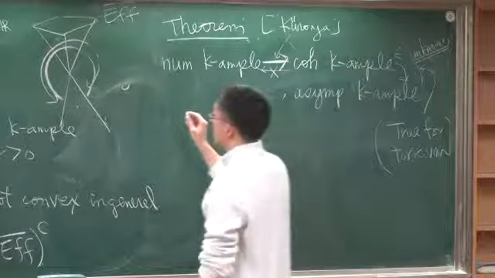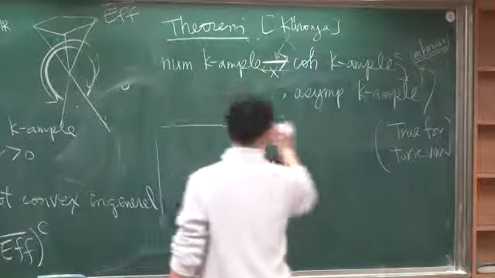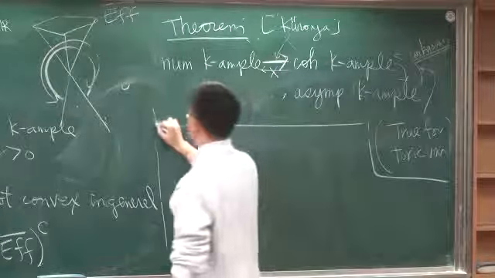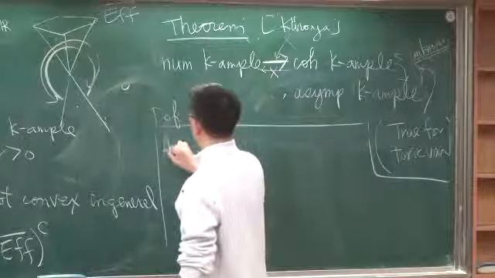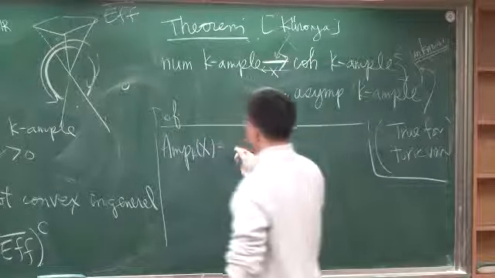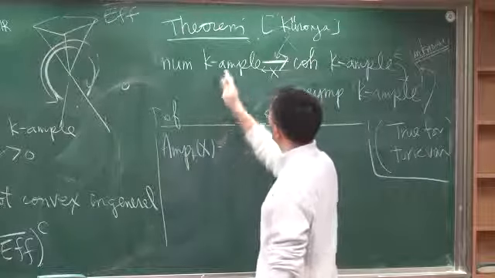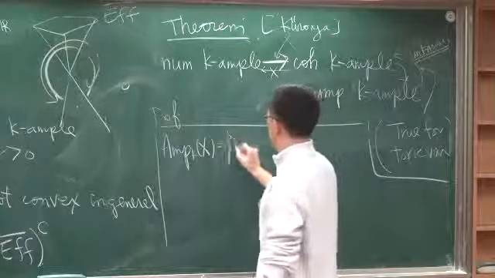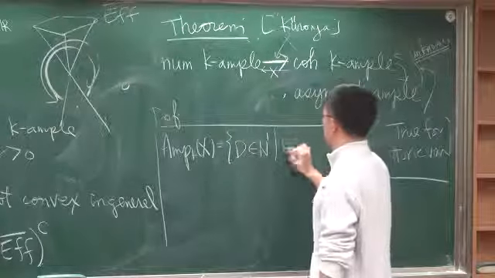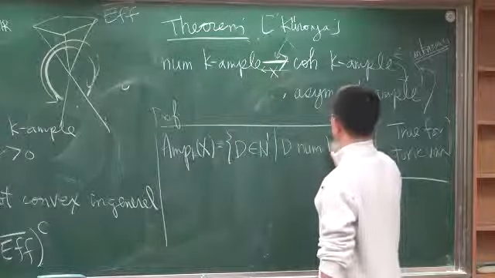So I define one more thing. I define some cones in N1. So, definition: Amp_K is the set of numerically K ample divisors, D in N1, D numerically K ample.